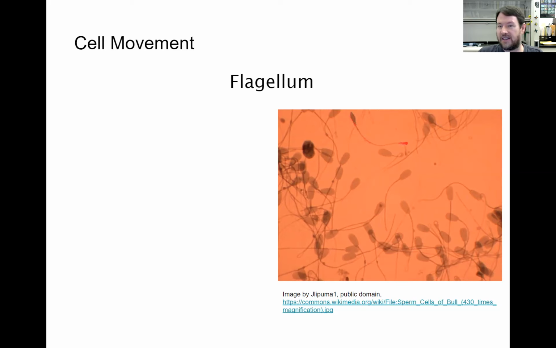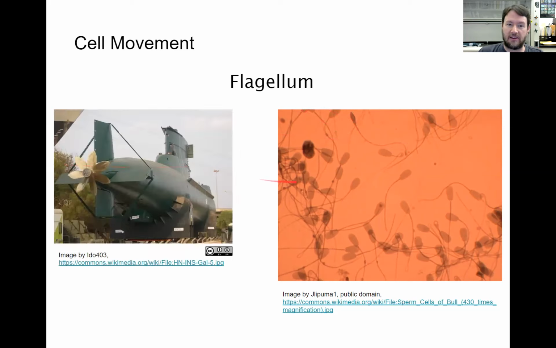Then this very long tail that kind of whips around, and actually flagellum is Latin for whip. And this is more like the propeller of a ship, or maybe like a submarine, right? It's got just a single big propeller that moves it through the surrounding medium.